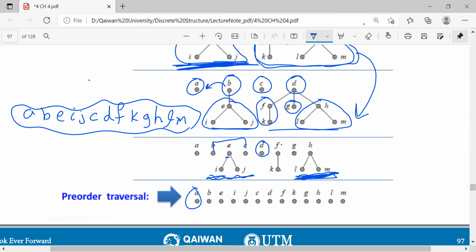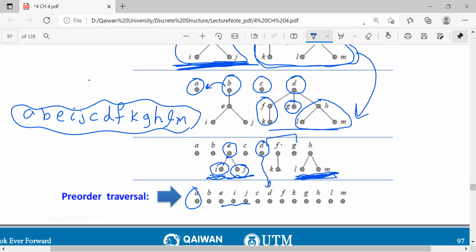We write down the root, which is E, then the left one, and then the right one: E, I, and J. Between B and C, we have these three vertices, E, I, and J. Okay, then we have D.